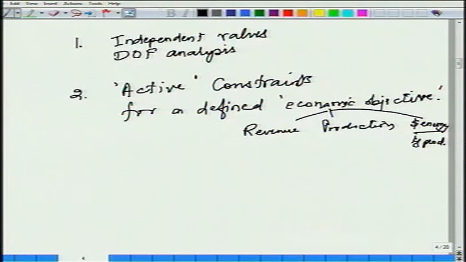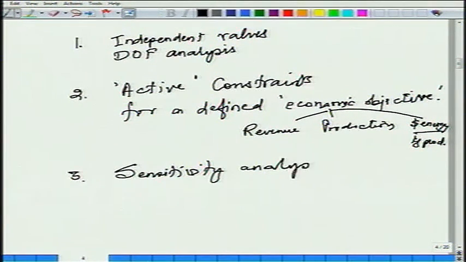So, you get those active constraints. Once you have those active constraints, do a sensitivity analysis, and in that sensitivity analysis figure out which one will give you the dominant constraint.